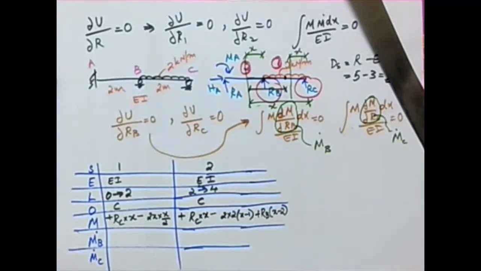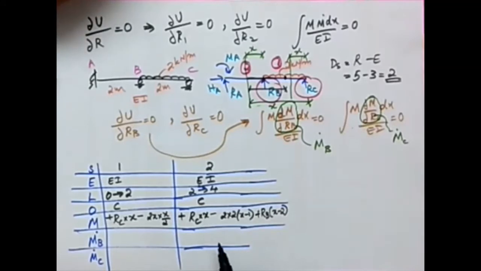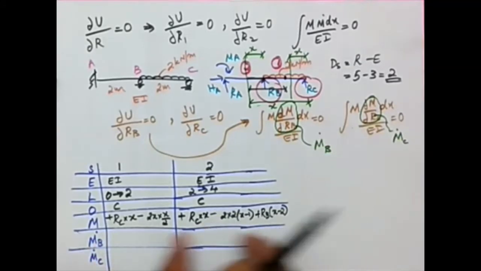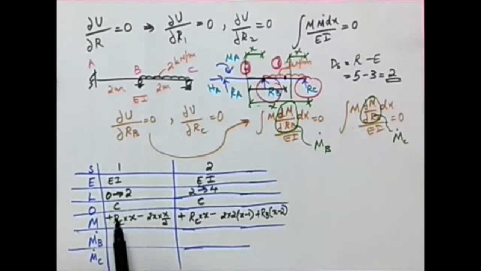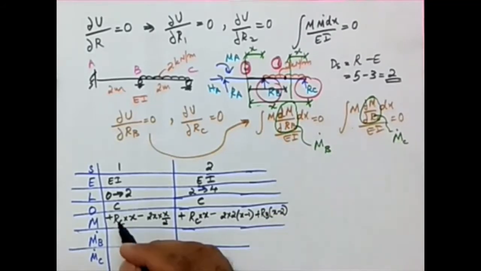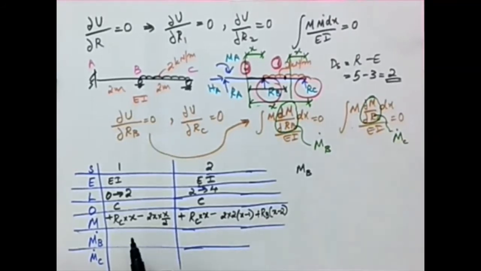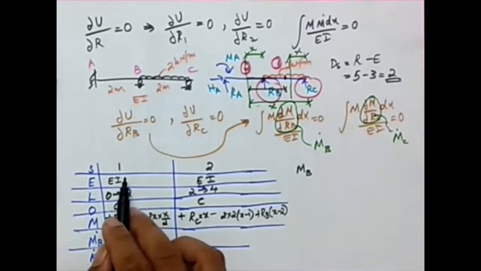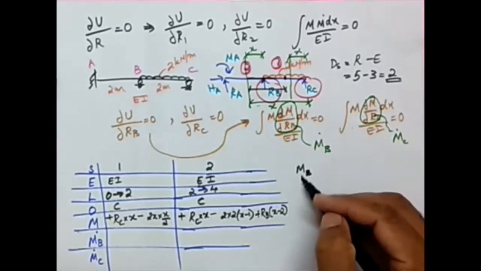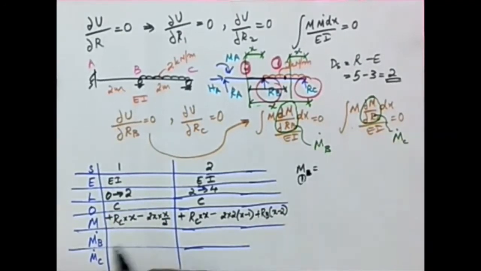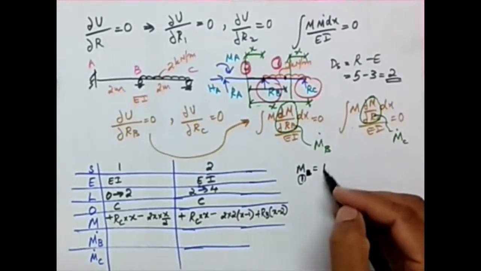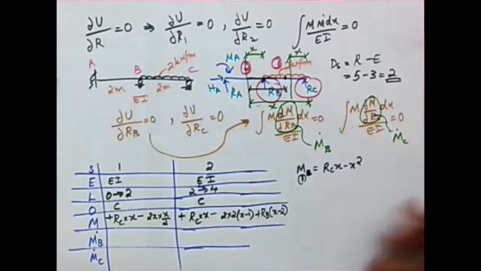Fine. Now we need to have these two. Before finding this, I want to reduce these two equations into some simpler format. This is a very long expression, so I'm reducing it to simpler format. Segment 1, M1 is equal to, 2 cancels out, so what is left is RCx minus x square.